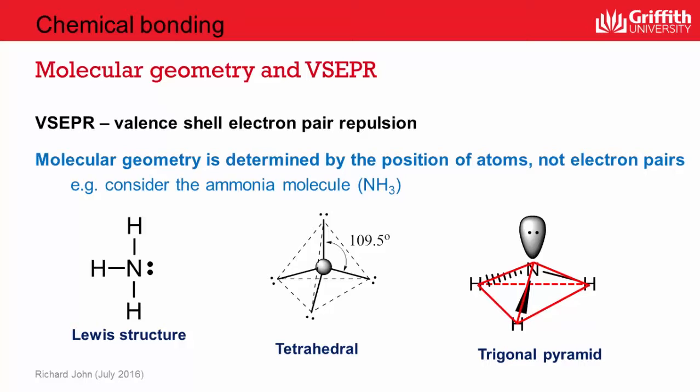In fact, the presence of the non-bonding pair of electrons is actually responsible for pushing the other three atoms into the trigonal pyramid shape. So being able to identify the number of bonding domains and the number of non-bonding domains around a central atom is therefore important in being able to determine the overall molecular shape.